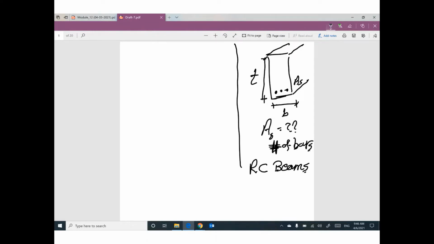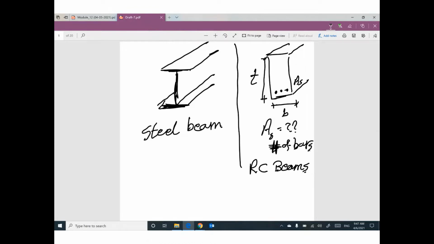And also in this semester, a few weeks ago, we learned if this beam is a steel beam, we learned how to figure out phi Mn and how to make sure the M ultimate is smaller than or equal to phi Mn.